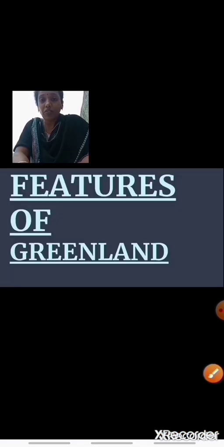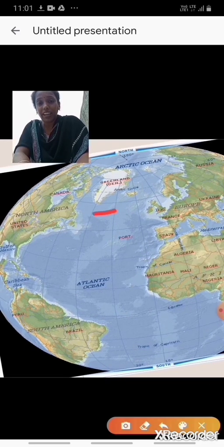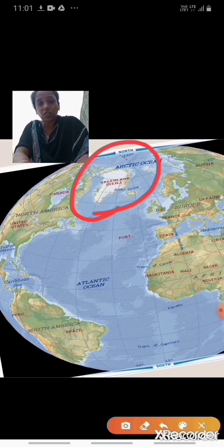Now children, we even studied about two features of Greenland, and the first one is location. This is the image of a globe, and we are aware that Greenland lies here on the globe, in the frigid zone.